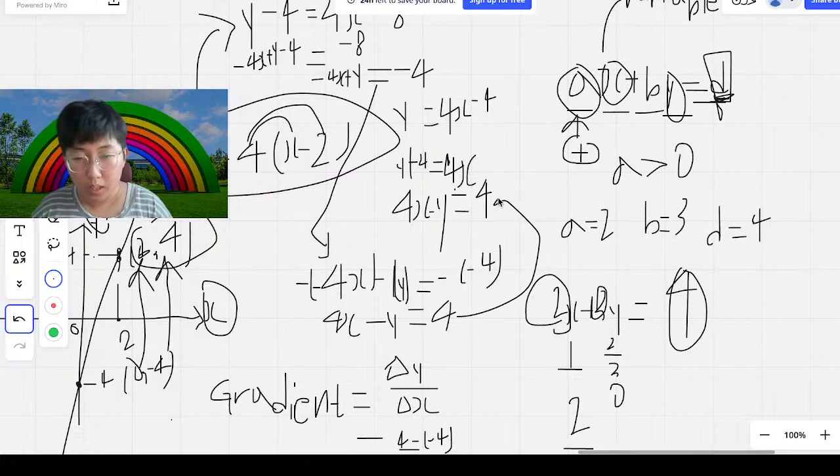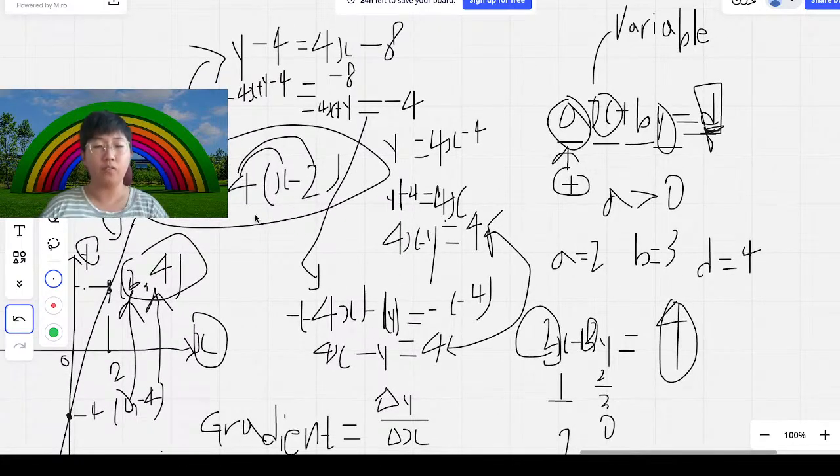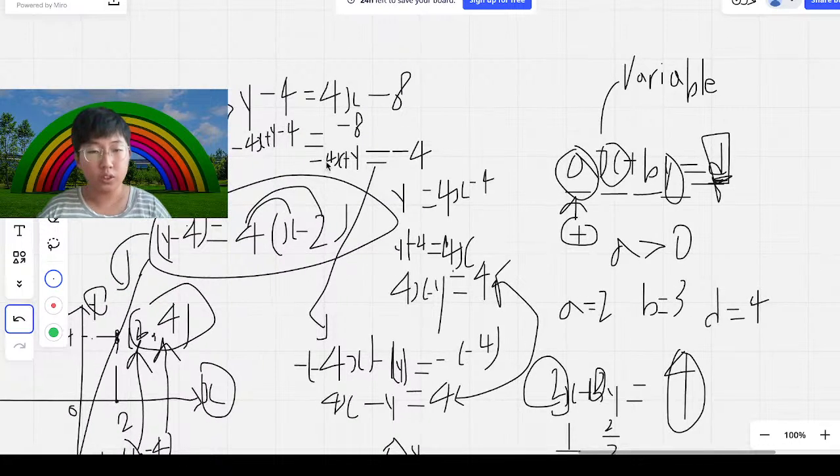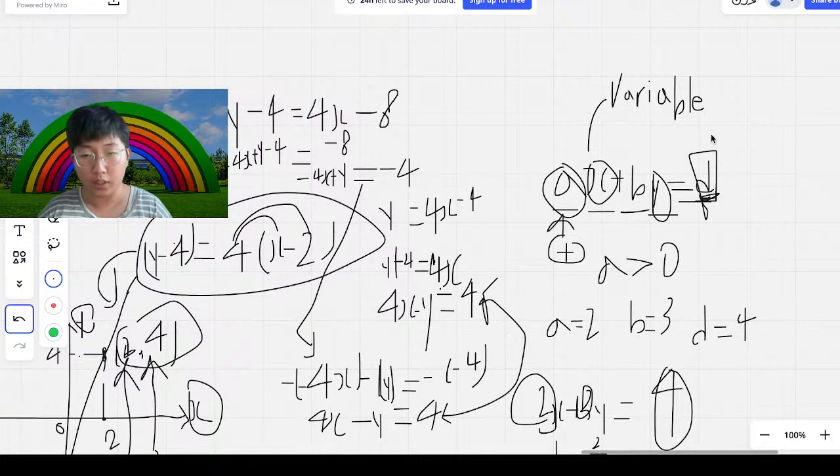Look at these two. These two are exactly the same. Hence, we can multiply both sides by negative 1 in order to change a from negative to positive to get the general form.